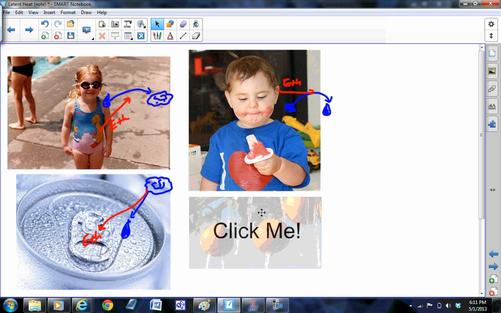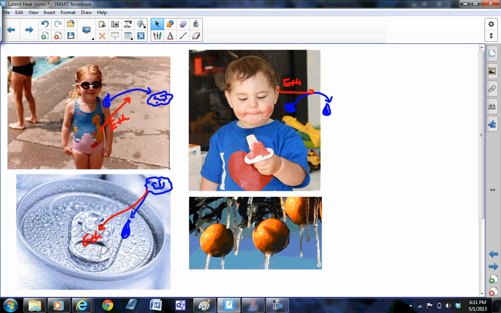Now, the last picture is an interesting one: popsicles on top of Florida oranges. What happens here is when there's a risk of frost, farmers in Florida orange groves are going to spray the oranges with water. When it's cold enough, the liquid water you spray on the oranges changes into a solid.